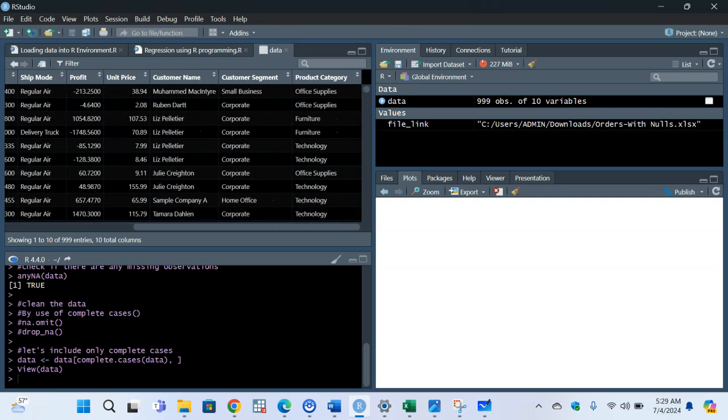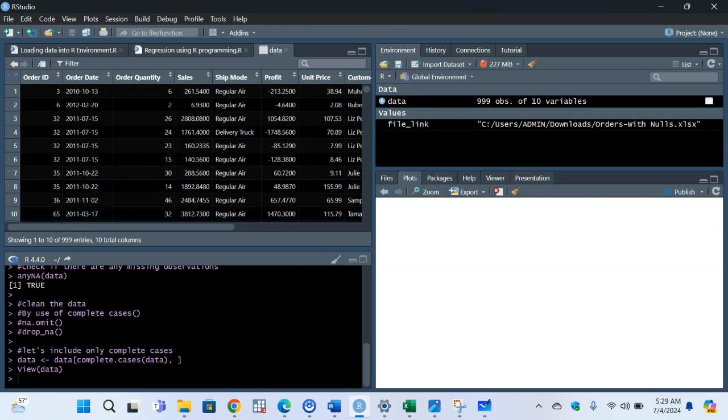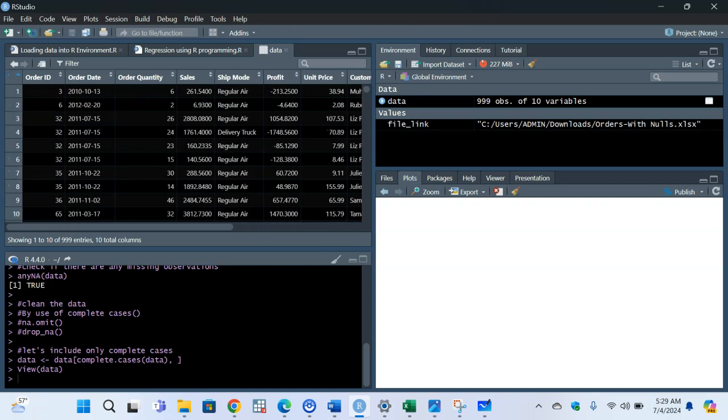All these are not important for now. We'll focus on these four variables: unit price, profit, sales, and order quantity. So we want to know, how is profit affected by sales? How is profit affected by the unit prices? How are the profits as well affected by the quantity ordered?